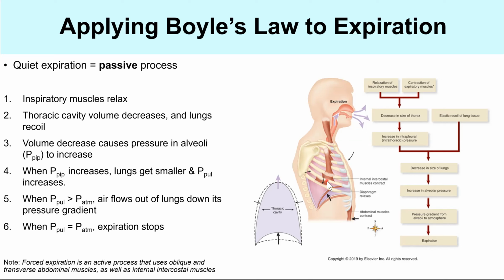When the alveolar pressure builds, air is going to flow from inside the lungs out into the atmosphere, because at this point the atmospheric pressure is lower than the pressure inside of the lungs. Okay. And once the pressure in the lungs and the pressure in the atmosphere are equal, expiration stops, and we're essentially going to repeat this process.